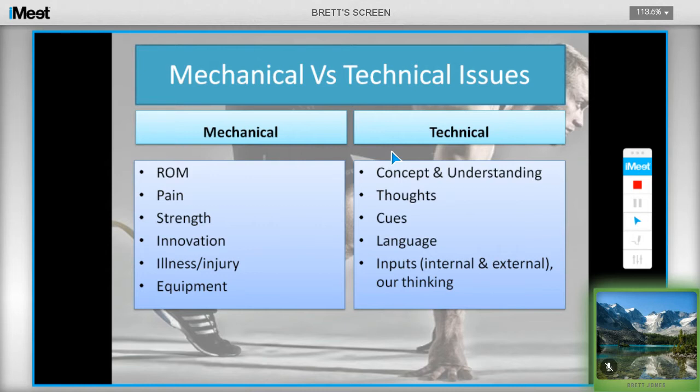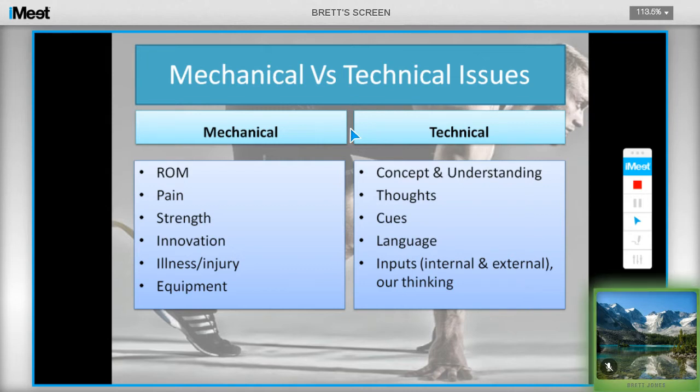Pain, shin splints are common, strength issues and strength deficits through the gluteals or through the hamstrings and quads or calf muscles become issues. Innervation, so the ability to fire and contract the muscles, injury and illness, and also in an amputee environment, the equipment that we use and the choices of equipment that we make and how that equipment might be set up can also interfere with how efficient we are as a runner.